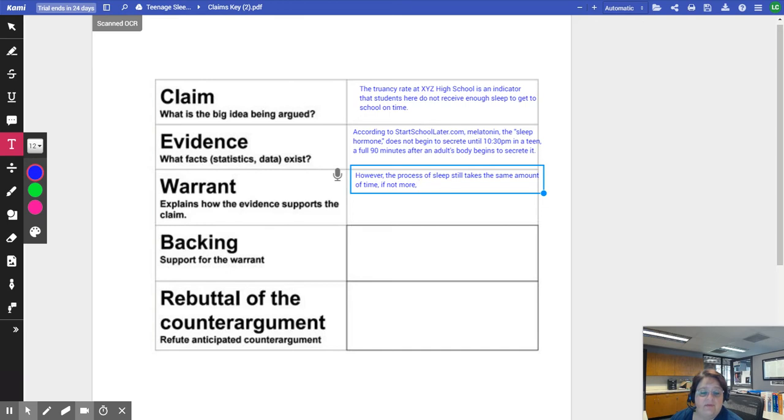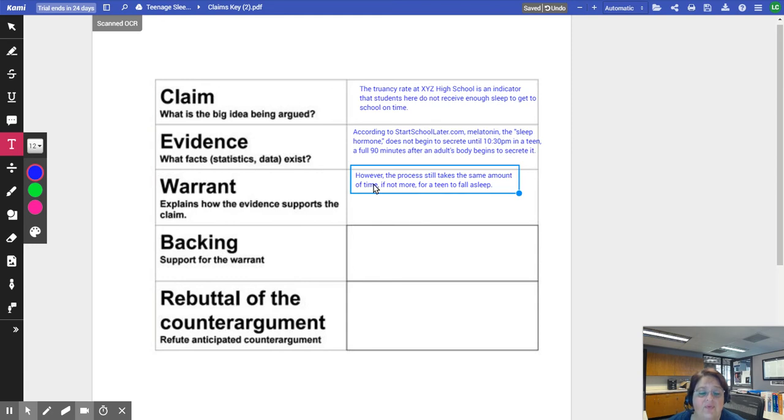Still takes the same amount of time, if not more, for a teen to fall asleep. Well, I got too many sleeps in here, so I'm going to take a sleep out here. Just do a little editing. The more editing you do in your pre-planning stages, the less you have to do later on.